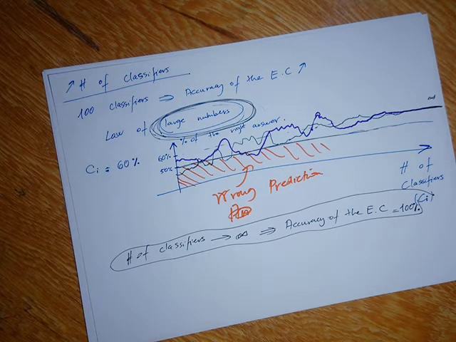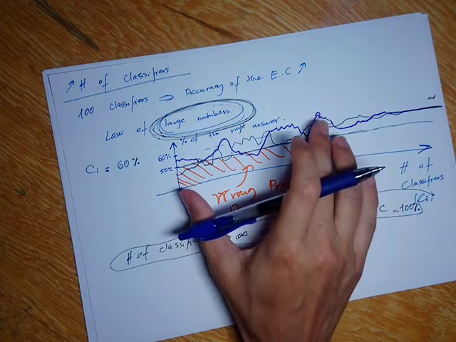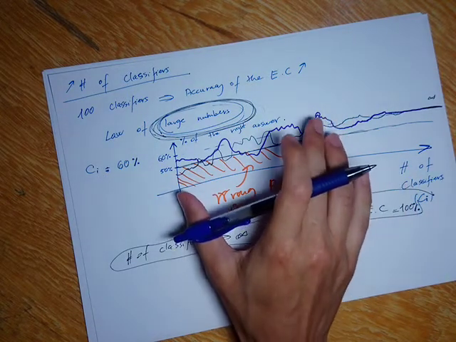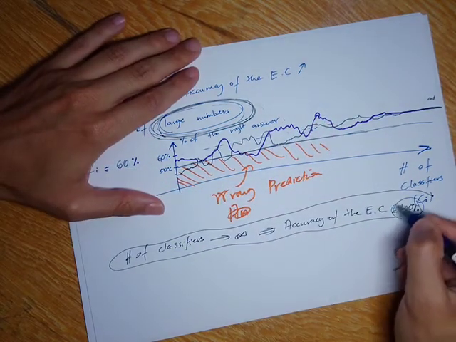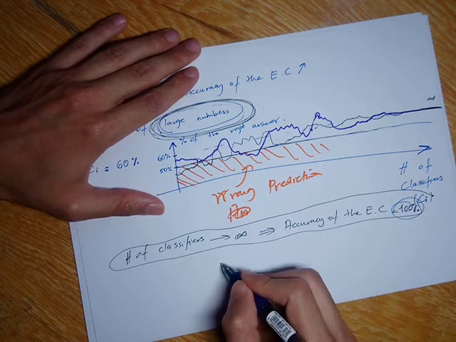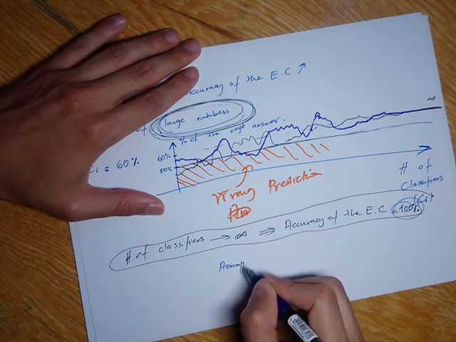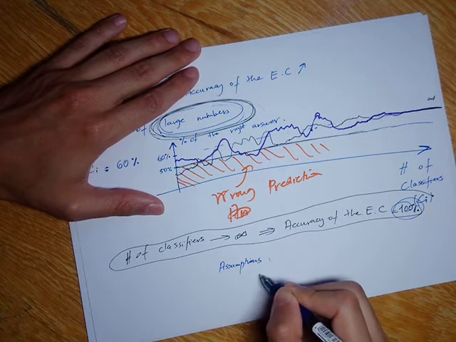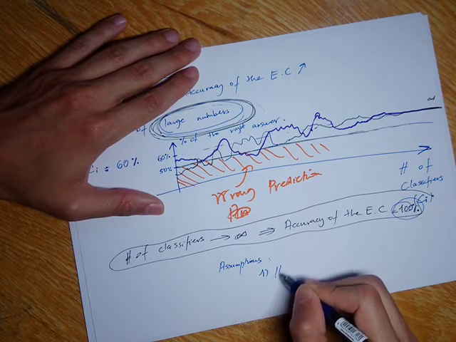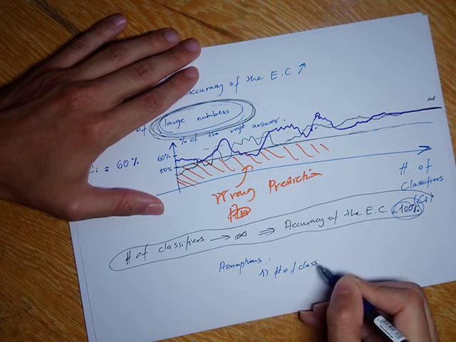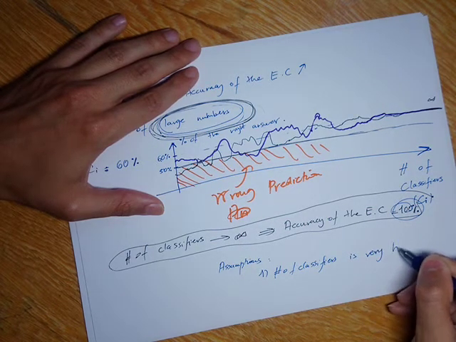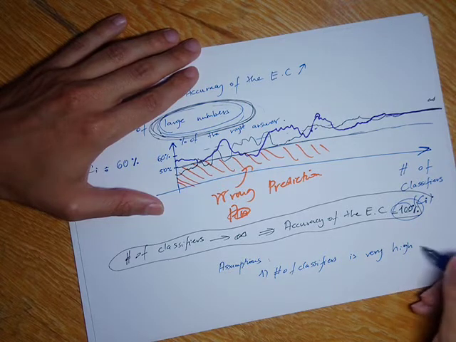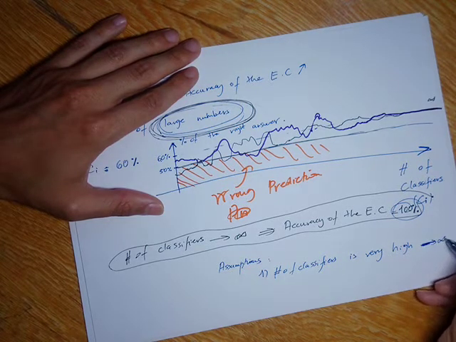Now, there is something important that I shall talk about here. This law of large numbers actually has two assumptions. To get 100% accuracy, we have two assumptions, right? The first assumption is that the number of classifiers is very high, and ideally it's equal to or tends to be infinity.